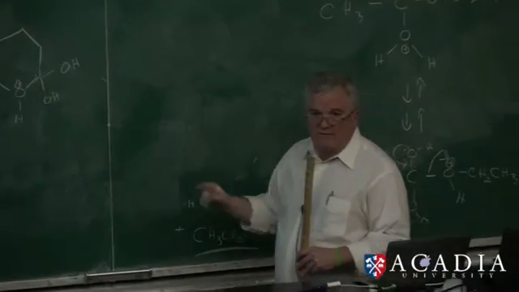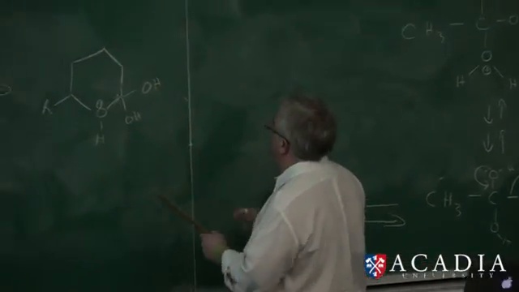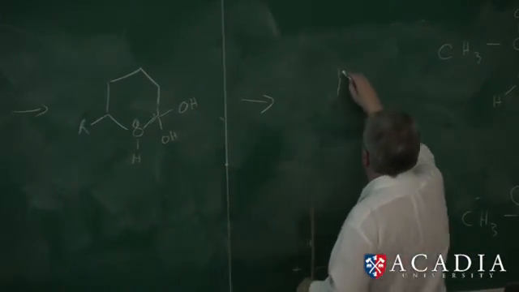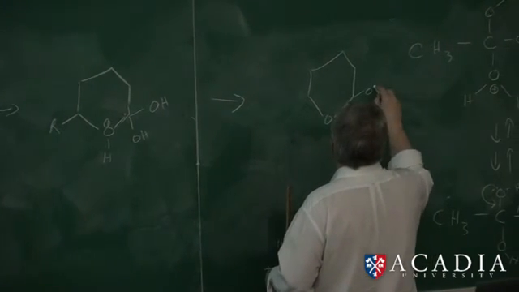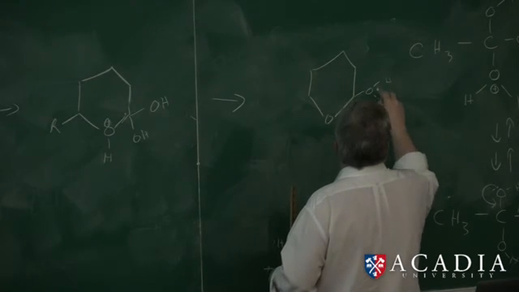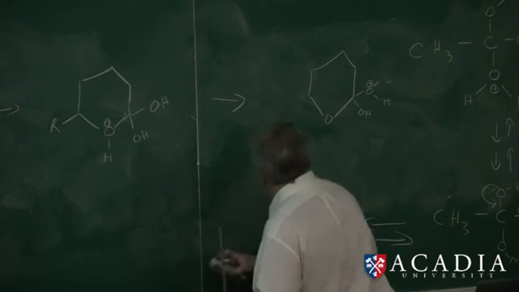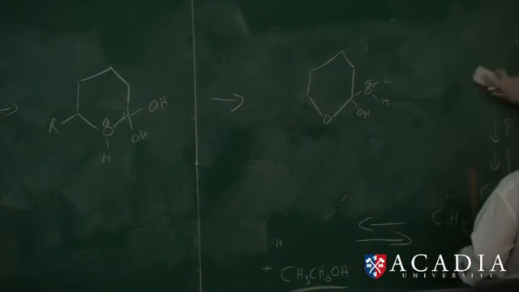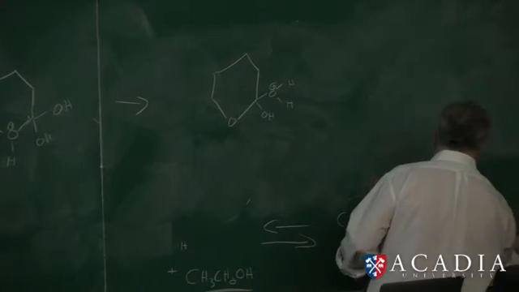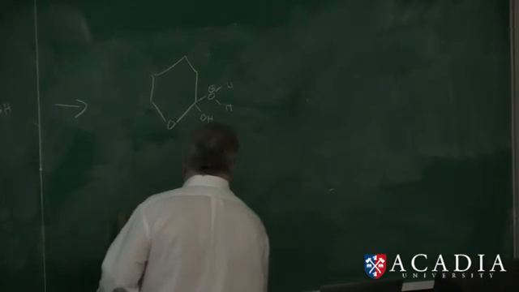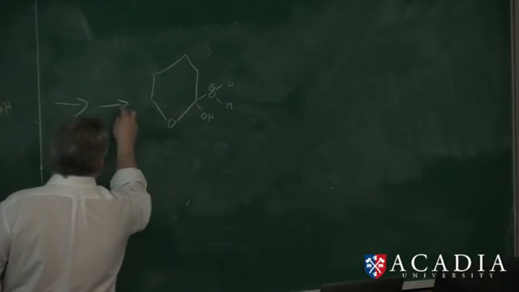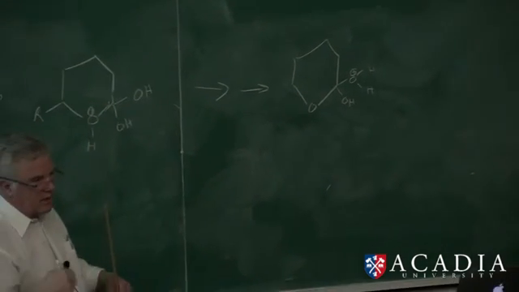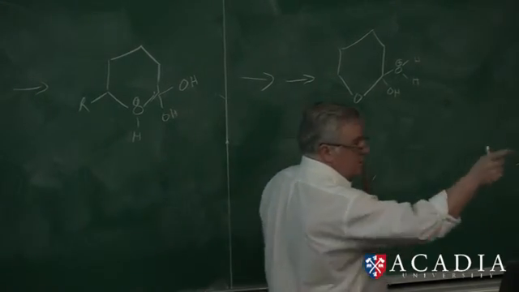Okay. So we have two OHs coming off of here, and then we get a proton shift that occurs. Let's draw a couple arrows to there because we realize that a proton comes off and a proton comes on.